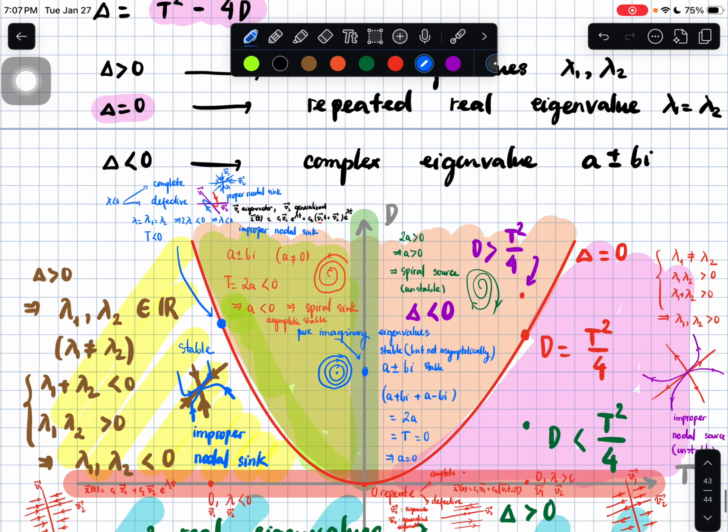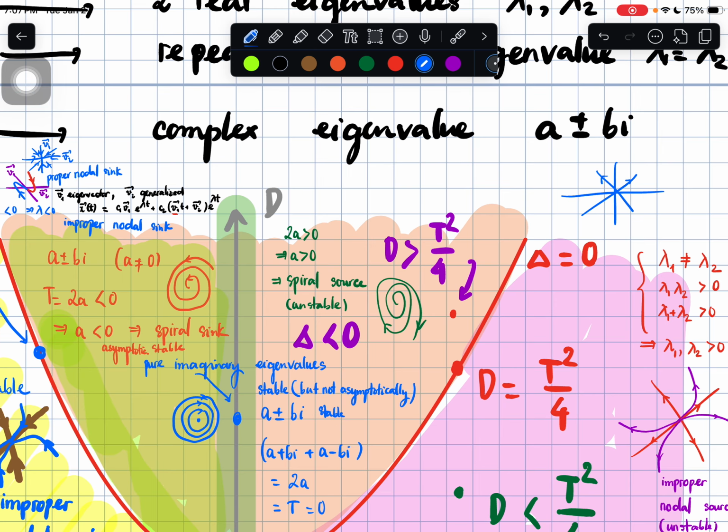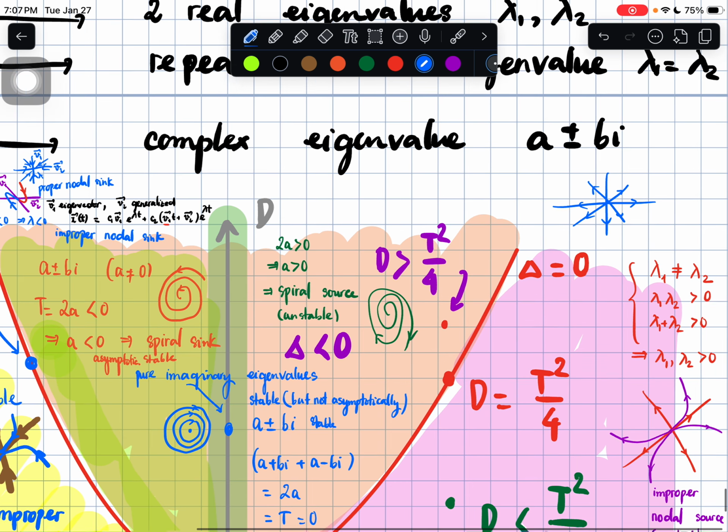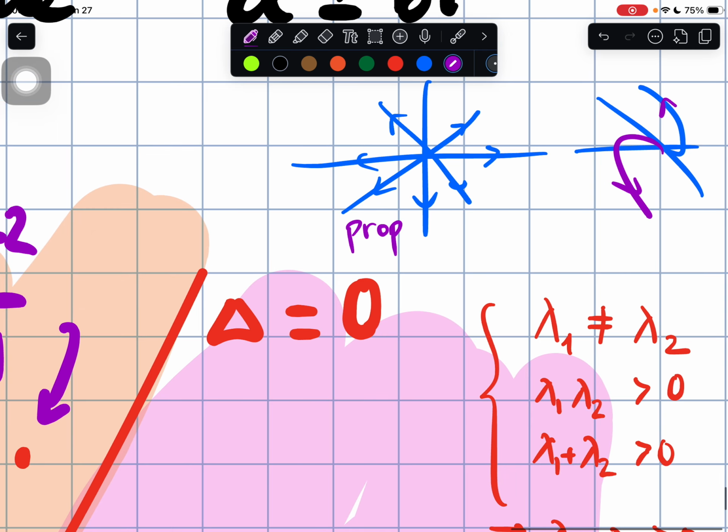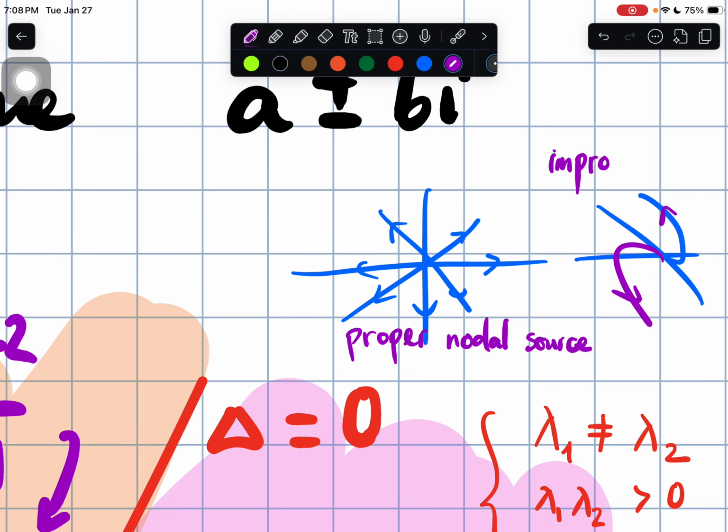And on the other side, if we are here, it will correspond to the two cases from before: either a proper nodal source, unstable, or an improper nodal source, unstable.